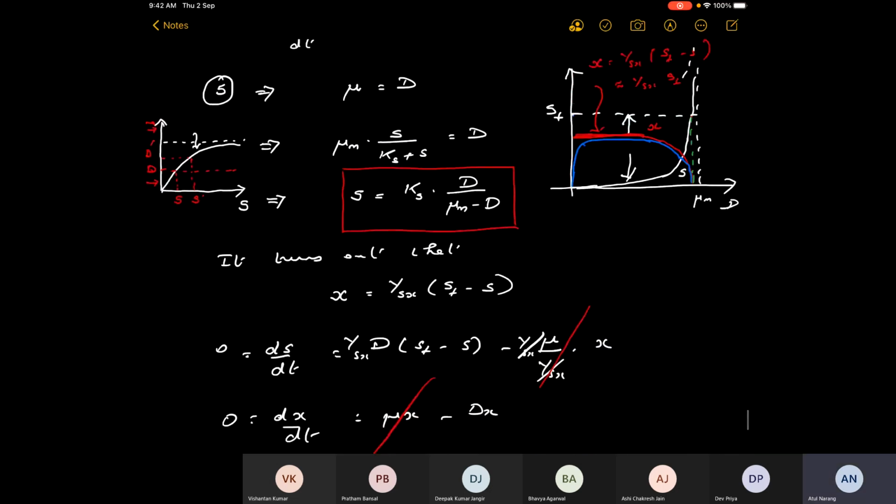Now, I just want to come back to this formula and explain to you the geometry of the steady state in what I think is a simpler way to understand it.